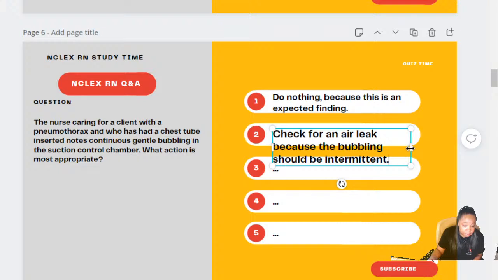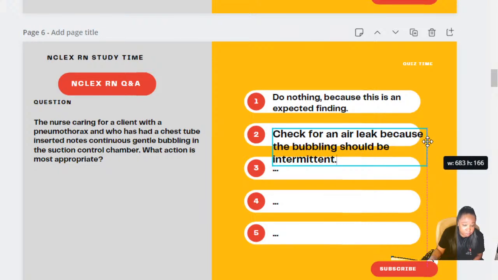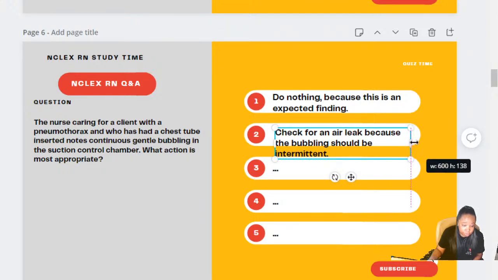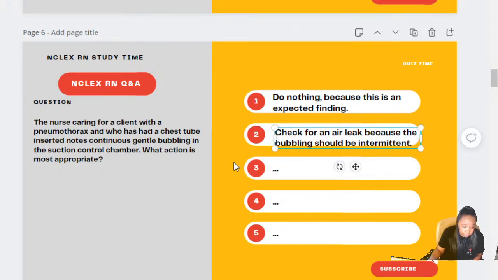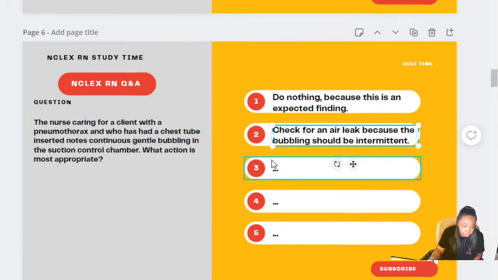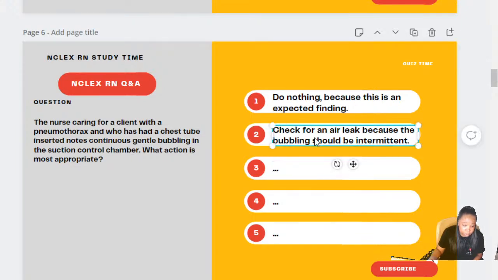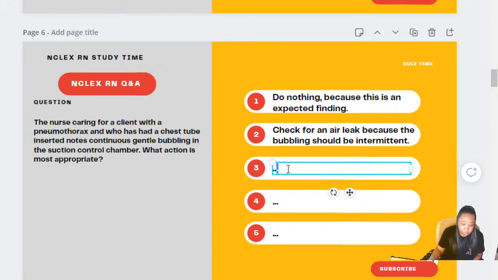That means there's damage somewhere in the tube, and you have to look for the air leak. Do you think gentle bubbling in the suction control chamber is normal? Do you think it's a leak? Not sure. Let's go to the next one.